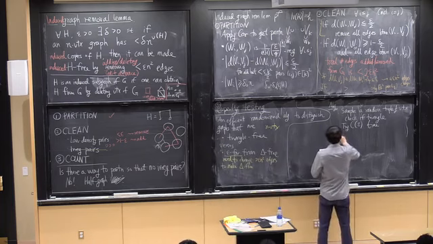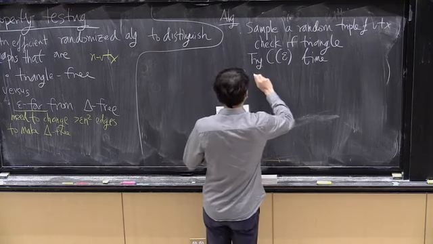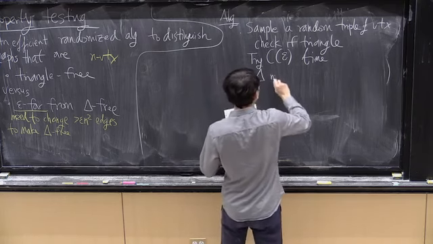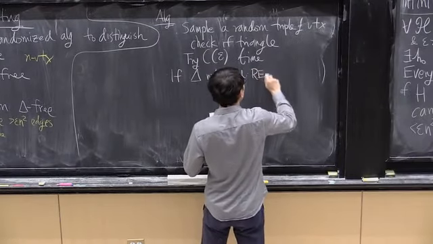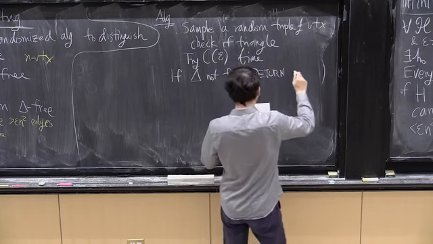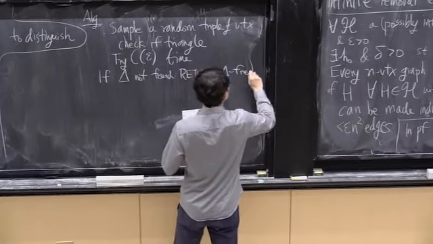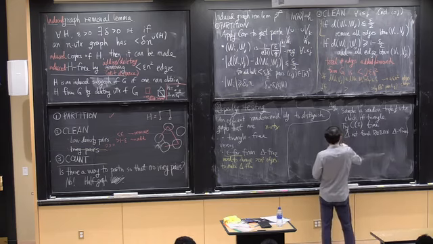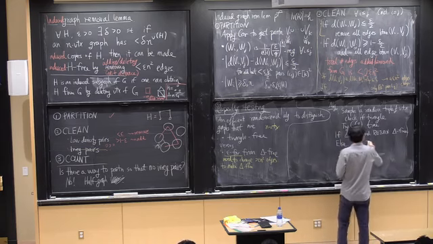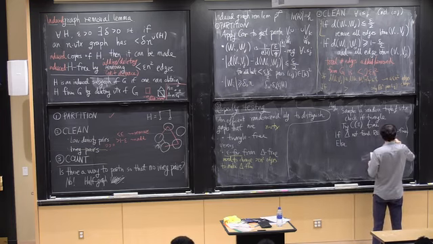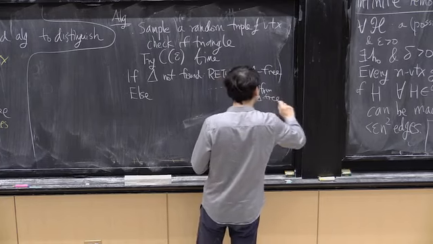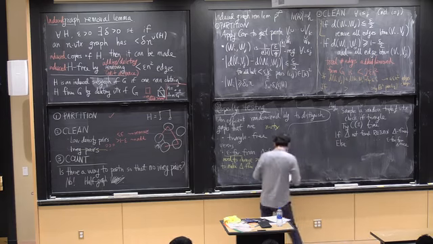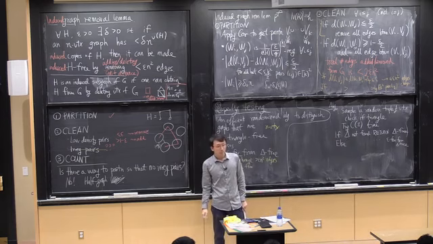And if you don't find a triangle, then we return that it's triangle free. Otherwise, we return that it is epsilon far from triangle free. Okay, so that's the algorithm.